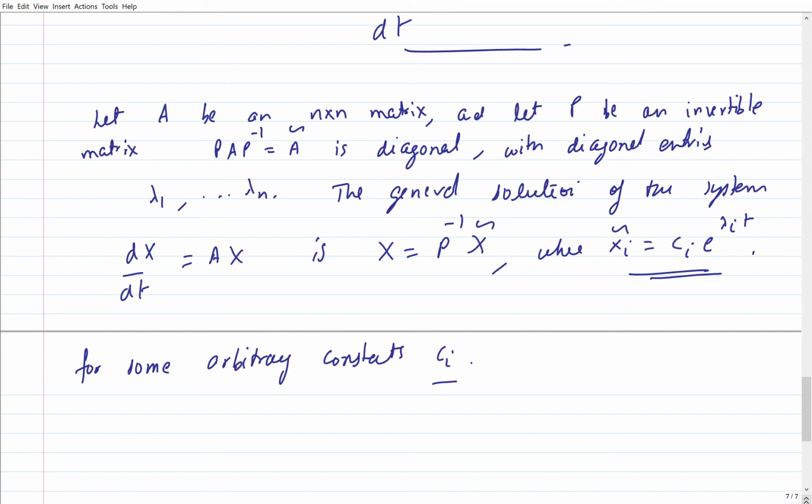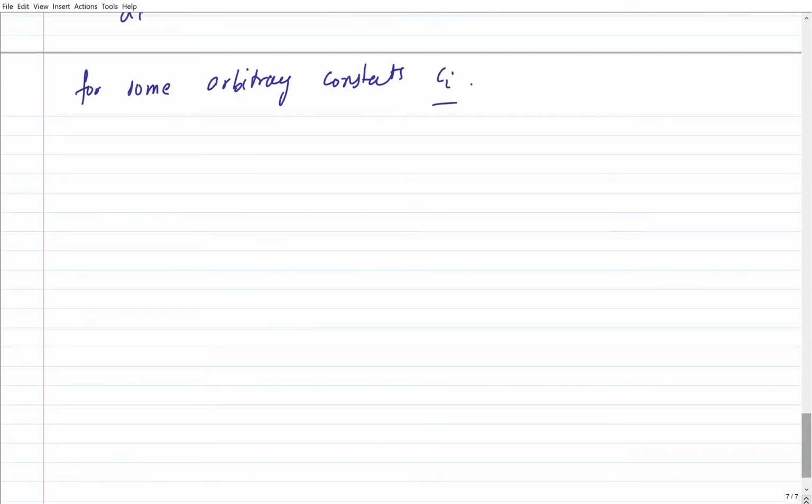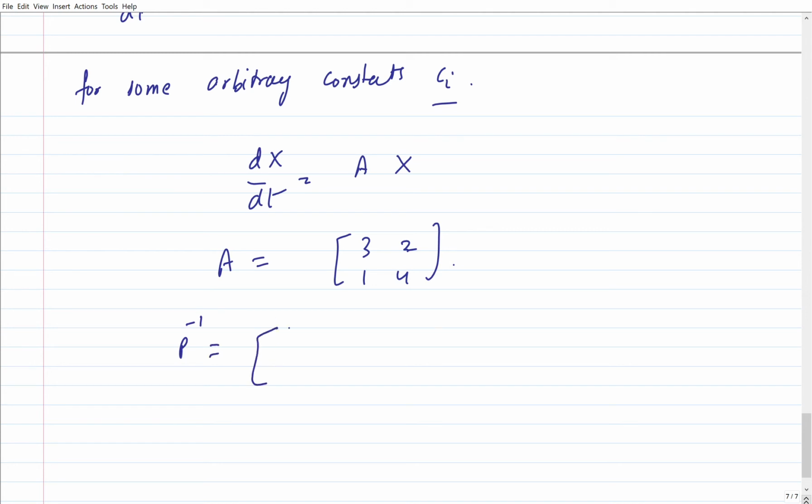So for example, let's say the matrix A is 3, 1, 2, 4, and I can ask what is going to be the P matrix for such a matrix? Well, it's going to be related to the eigenvectors of this matrix. So that's going to be 1, 1, 2, minus 1.